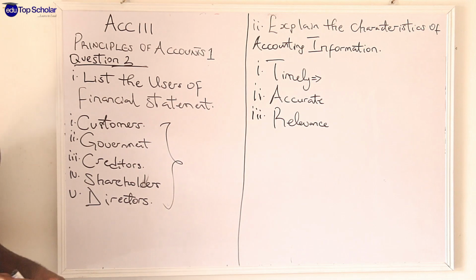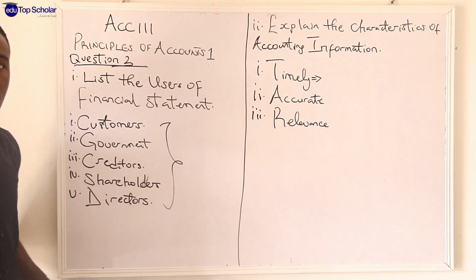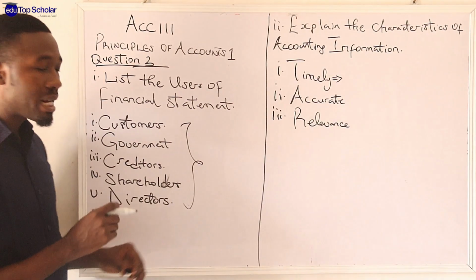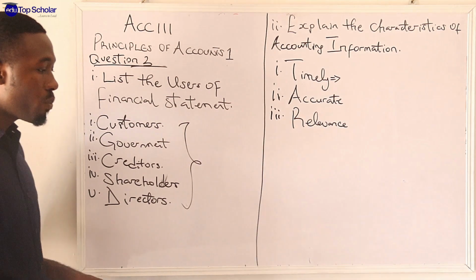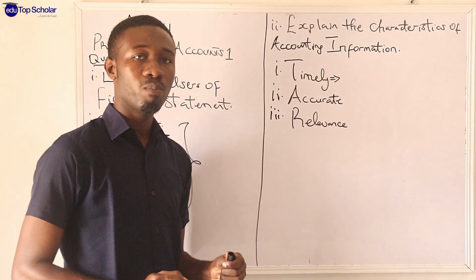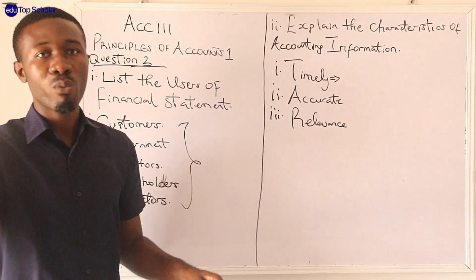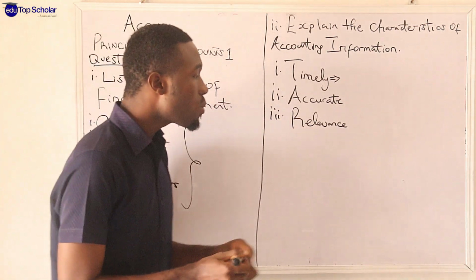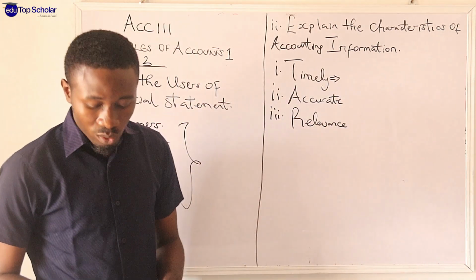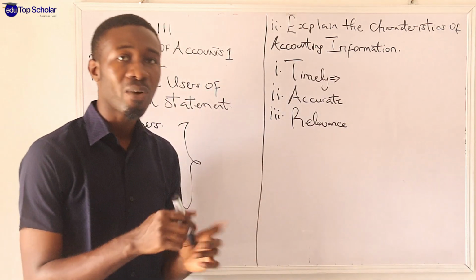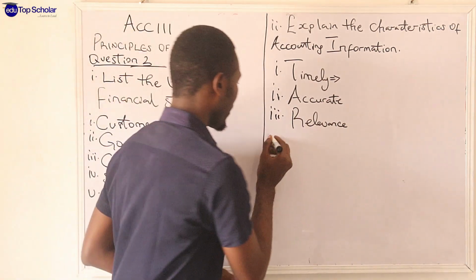Customers need it to make decisions. Directors need it to make decisions on how to better the business. Shareholders need it to make decisions. Should I invest more in the business? Should I keep my money? Or should I withdraw my money from the business? So it must be totally helpful for making financial decisions.